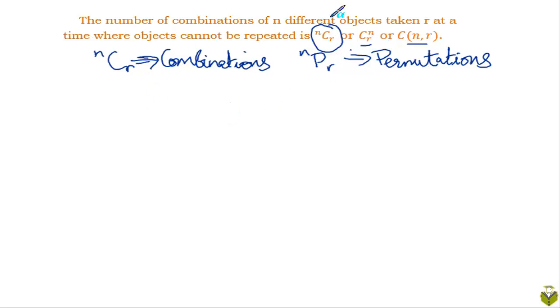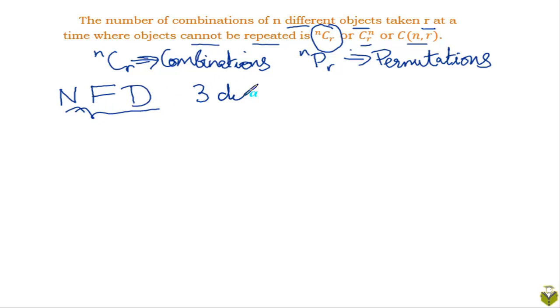But what are these? These are combinations of n different objects taken r at a time where objects cannot be repeated. So what are the three things here? If we had to select a doubles team, like the previous problem with Nadal, Federer, and Djokovic, how many distinct objects do you have? Three, right? So n is equal to 3.